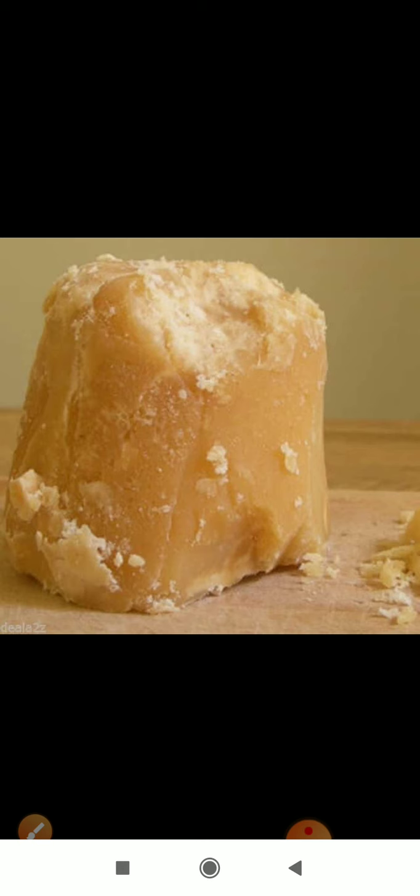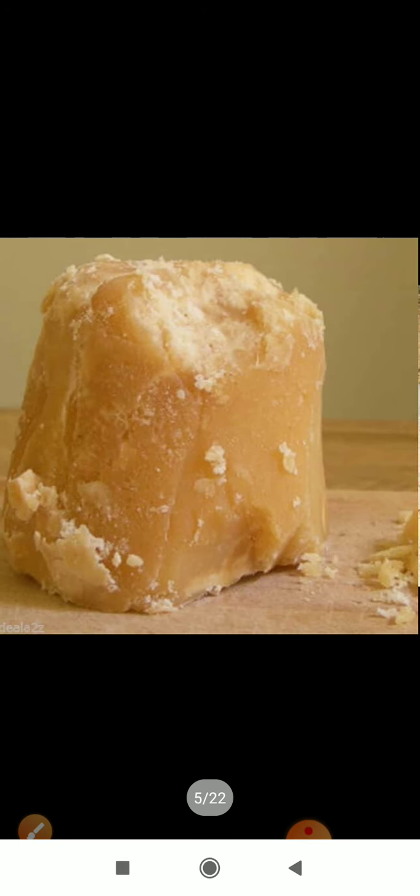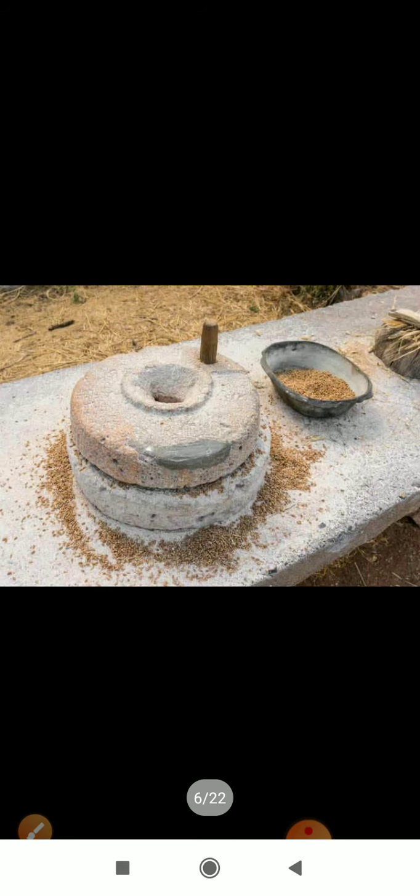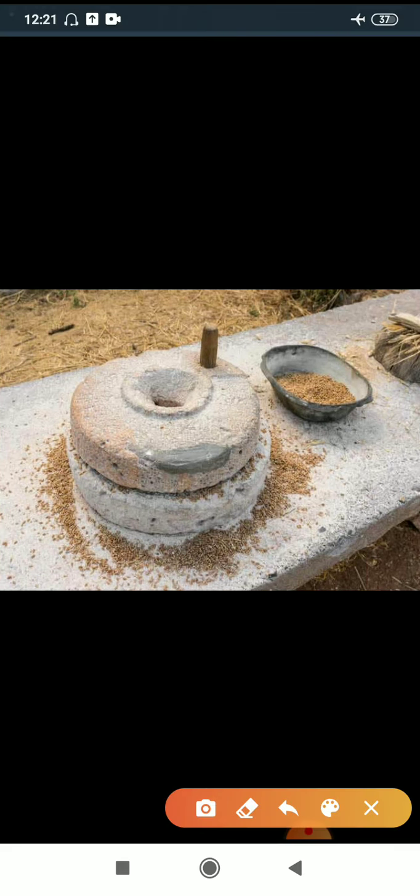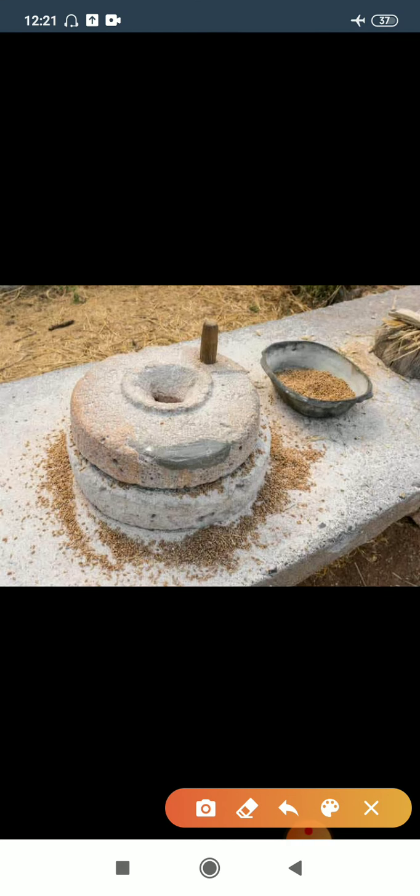How is wheat crushed or ground and converted into fine wheat flour? In this picture, you can see the traditional method used for converting wheat into wheat flour. You can see two types of rock here.